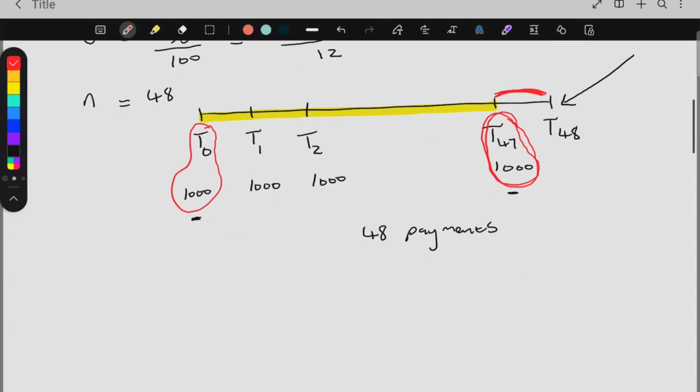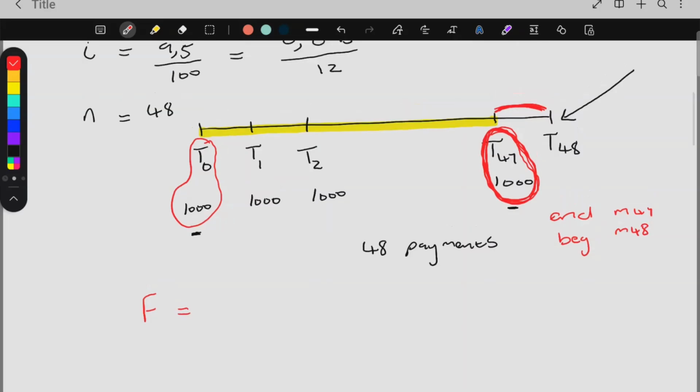I'm going to use the F formula to determine how much money I will have at the end of the 47th month. Remember, the end of month 47 is the same as the beginning of month 48. So I'm going to put in the F formula for that whole thing.